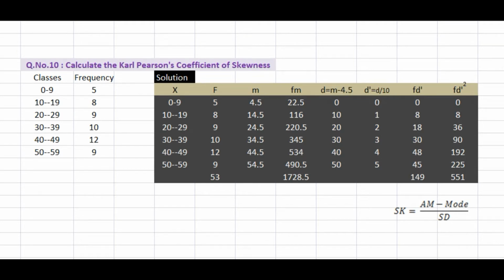What do you have to use first? We need to use the mean first, right? How to find the mean? Use the formula. What is the mean formula for a continuous series?